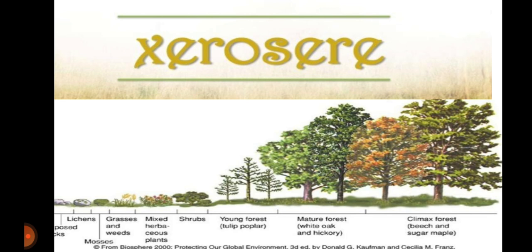Xerosere is a plant succession that is limited by water availability. It includes different stages in xeric conditions.